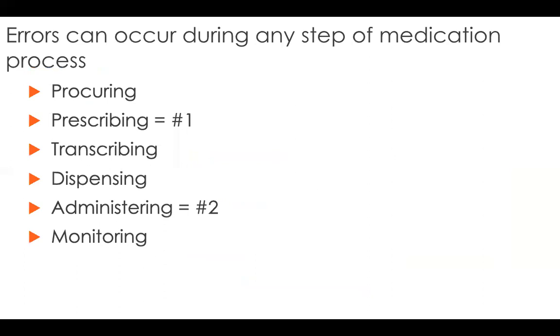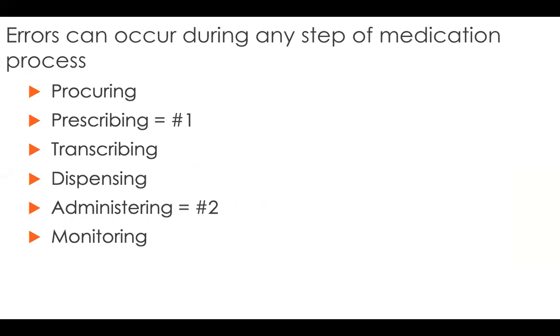Now, errors can occur throughout the medication process. So I want you to look, the number 1 area that errors occur is when someone is prescribing the medication. Now, that's not going to be you, maybe someday, but not as an RN.